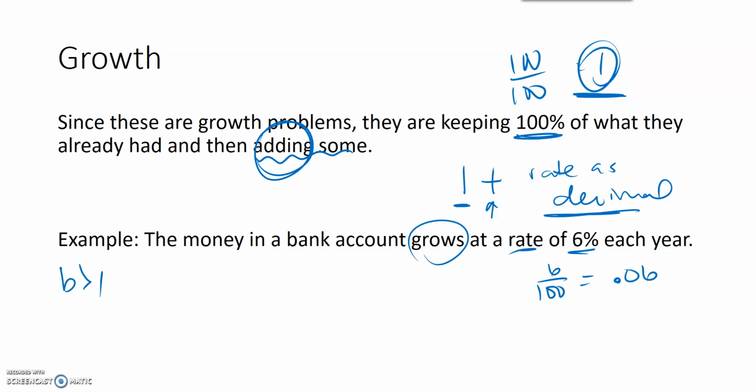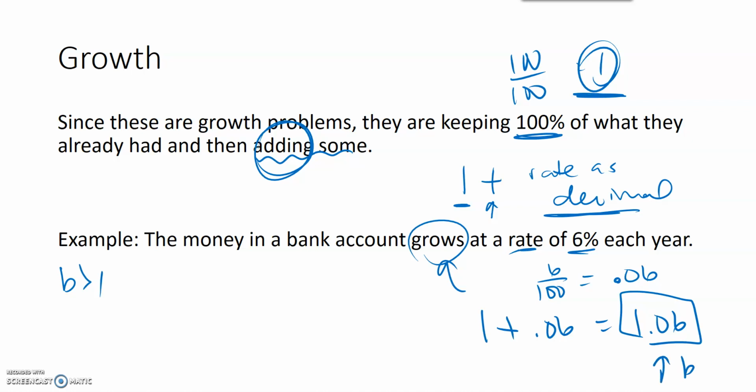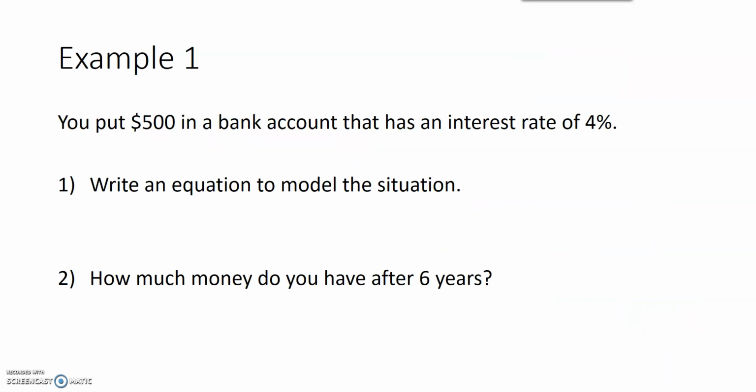Now, since it's growing, it's keeping all of the money that was already there and putting 6% more with it. I'm going to do 1 plus 0.06, which is 1.06. And that would be our b value for this problem. We're going to use that. That's the key today in order to figure these out, because we have to use that in order to write our problems. So here's our first example.